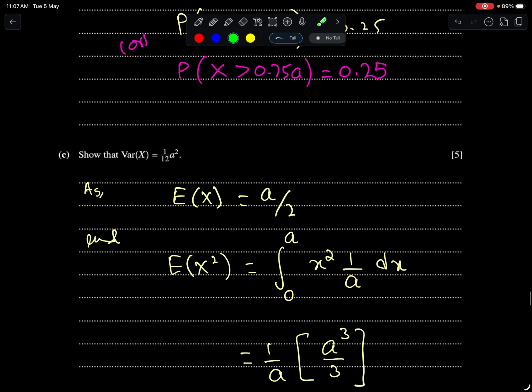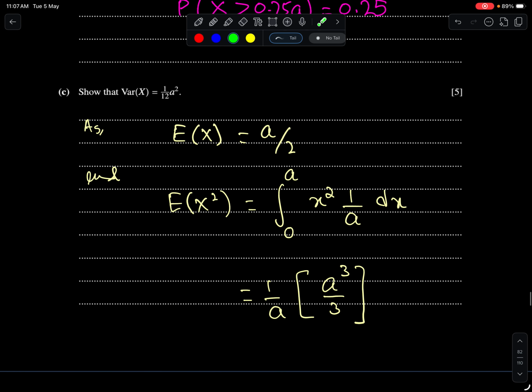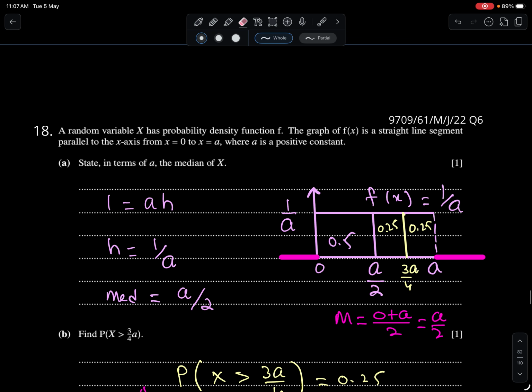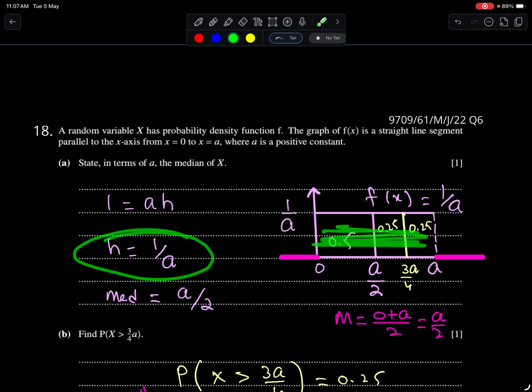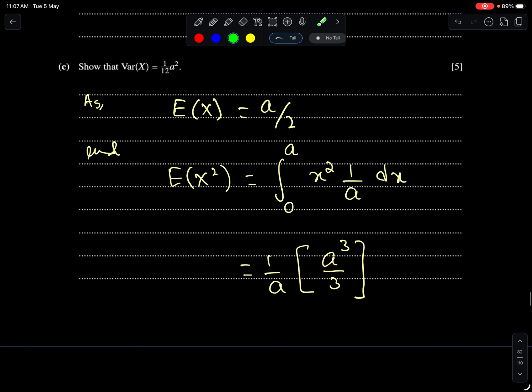Variance. Mean is a upon 2. I told you this is the mean, median and mode, all. For variance we need E(x square), and for that we must have the equation of f(x). So this height is 1 upon a. Use the area formula and get the height 1 upon a. So the equation of this line is 1 upon a, because this is the y-intercept. So f(x) is 1 upon a. x square is the formula part.